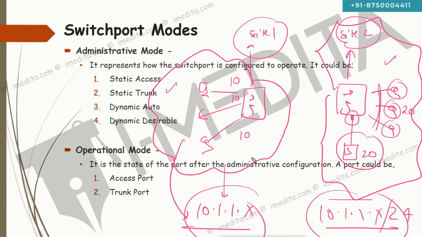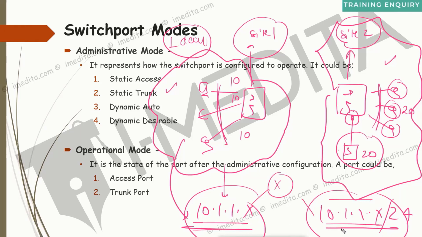Now, due to some reason, for 10-15 minutes, for one day, I want that these users should be able to access the services of that server. And I cannot perform inter-VLAN routing. Why? Because the subnet that is being used in these two sites is exactly the same.